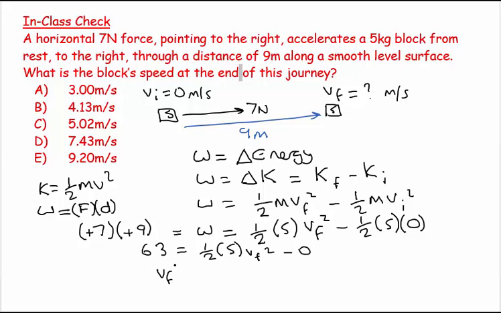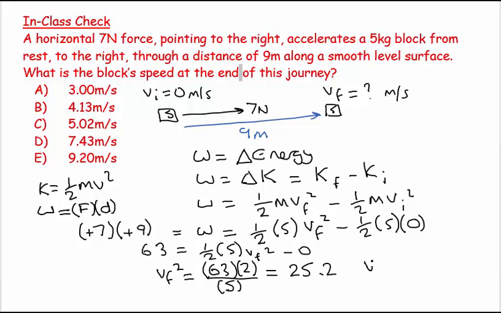So Vf squared is equal to 63 times 2 from the half, over 5. Let me just get my calculator: 63 times 2 divided by 5 equals 25.2.